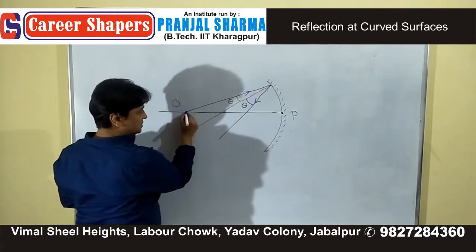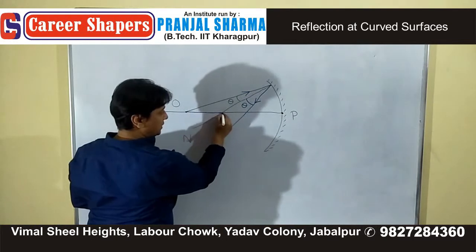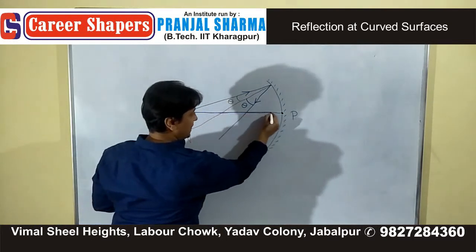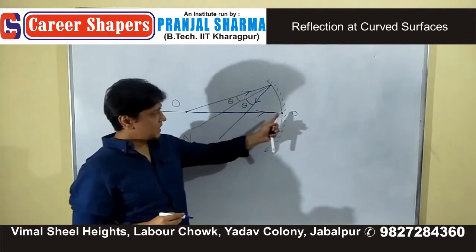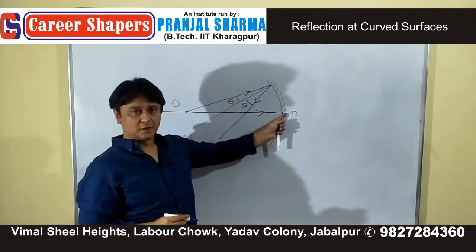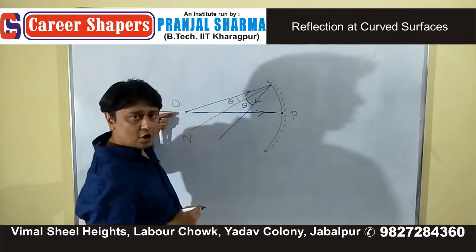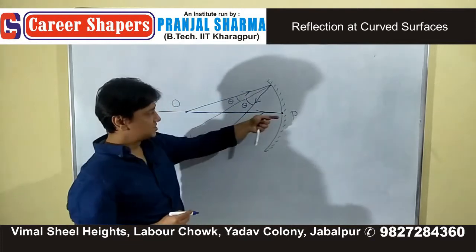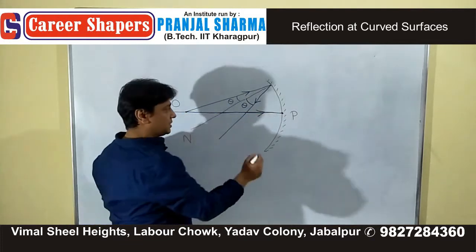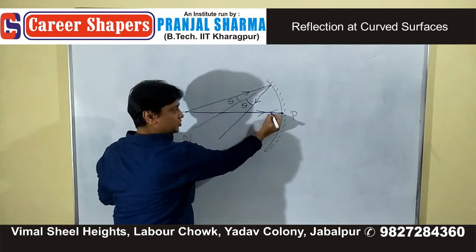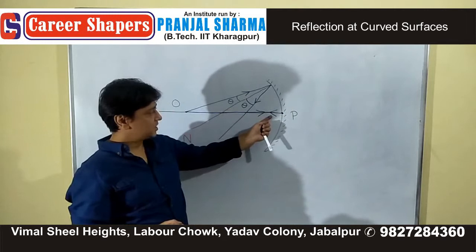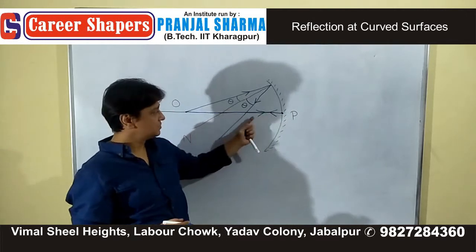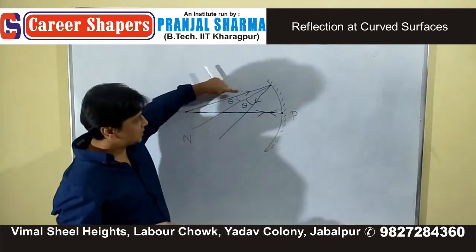If you look at this incident ray, which is moving along the principal axis itself, then at this point, the principal axis is the normal. If the principal axis is the normal, then reflection will also take place along the same line. So this becomes your reflected ray. This is the incident ray.